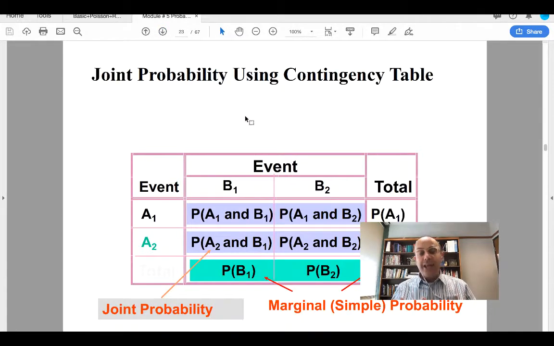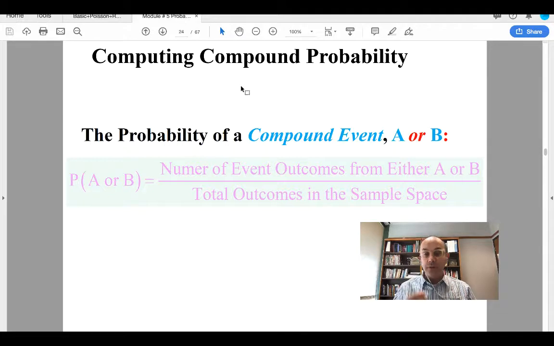So the contingency table will represent the following: event A and event B, event A1 and event A2, event B1 and event B2, and the total in order for us to lay out the foundation. The probability of compound event A or B is the number of event outcomes from either A or B divided by the total outcomes in a sample space.